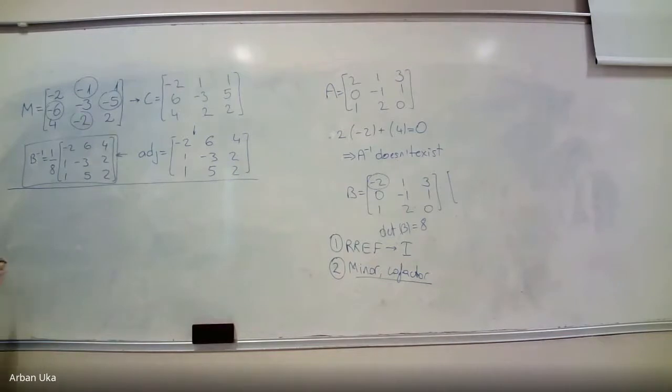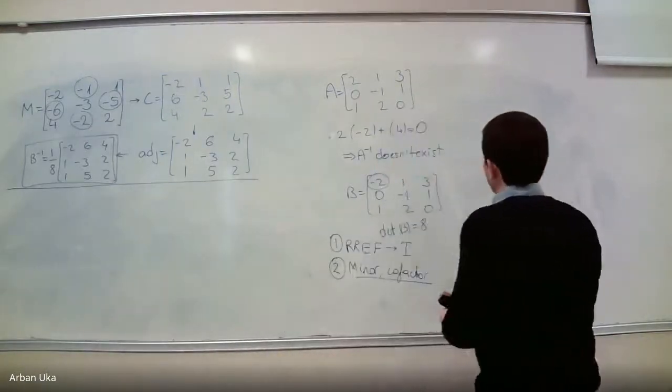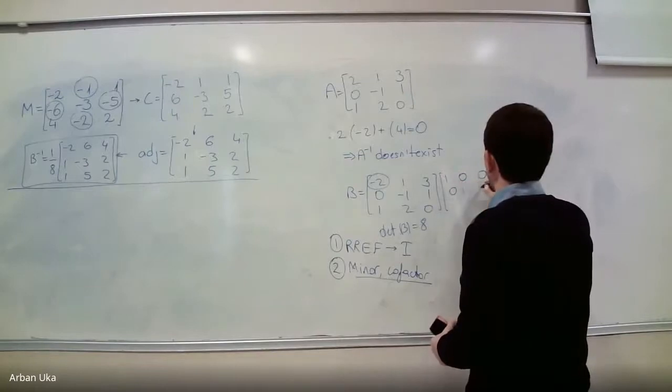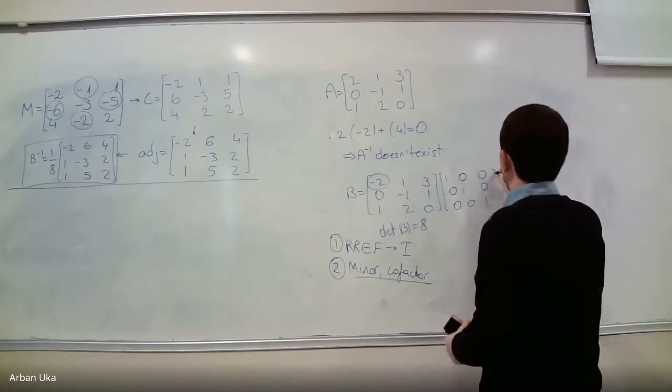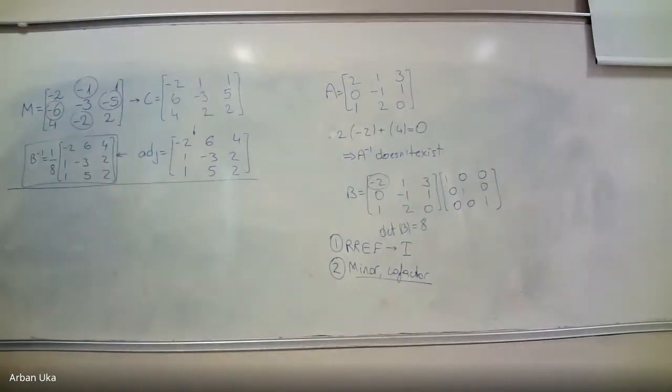So here, let me think for a moment. Let's try this. Okay. Let me think. So we want the reduced row echelon form. Should we interchange the third row with the first?